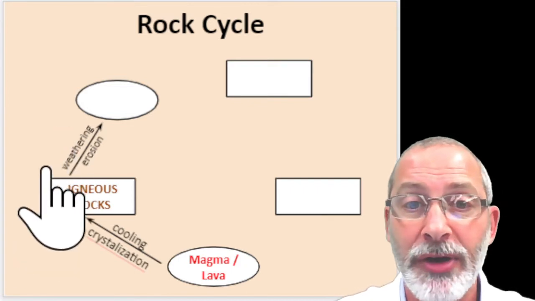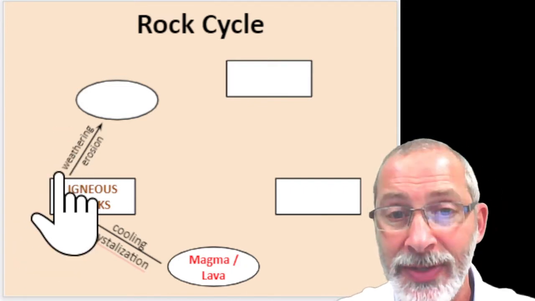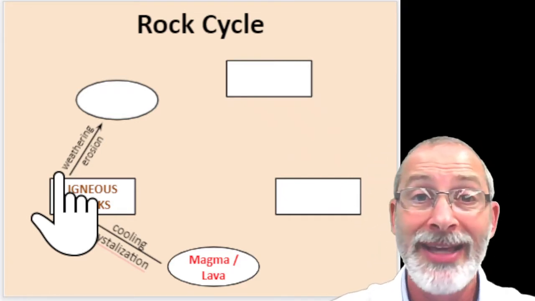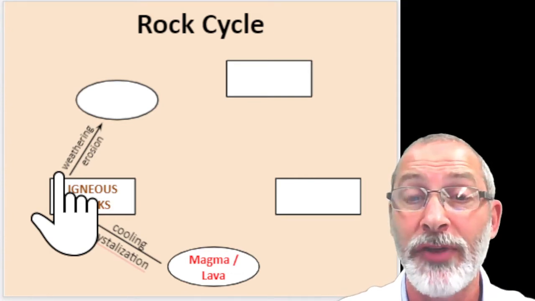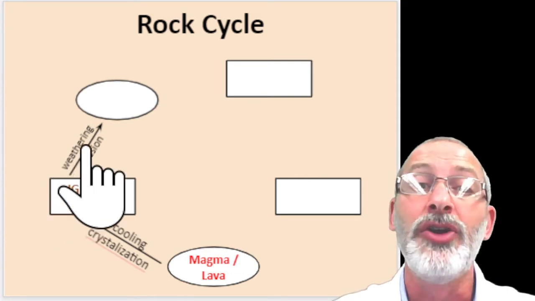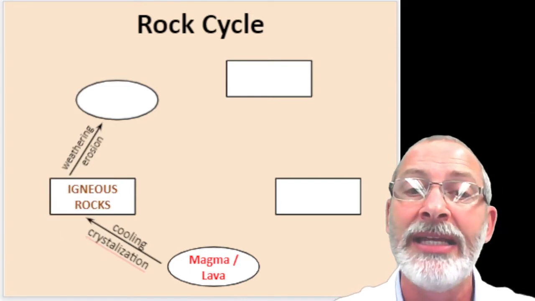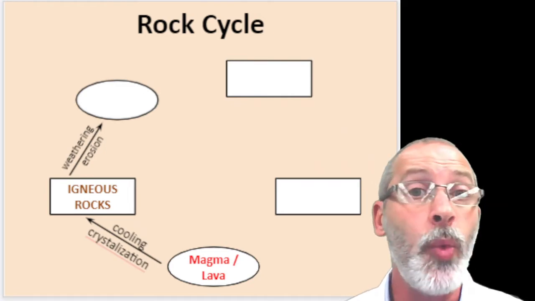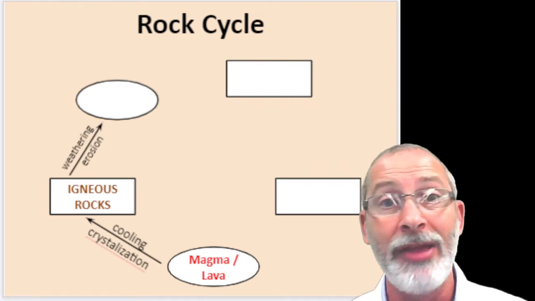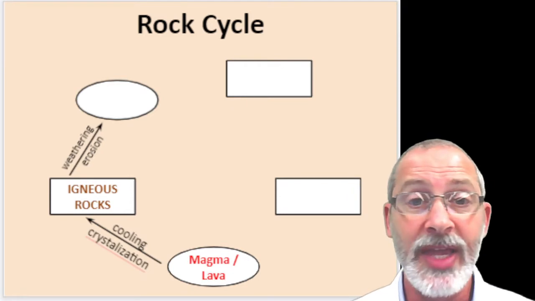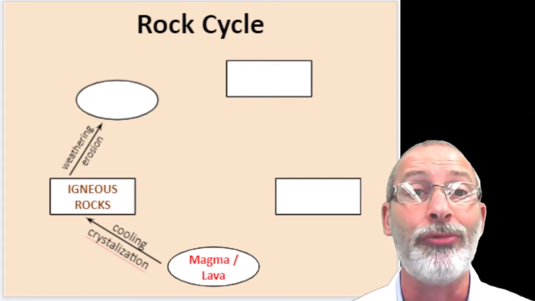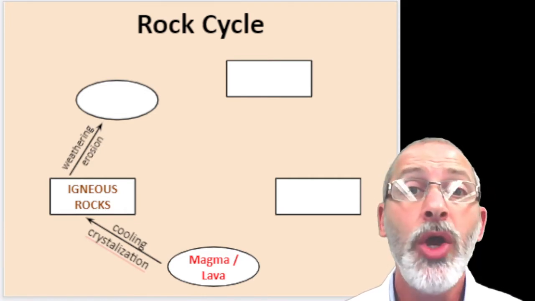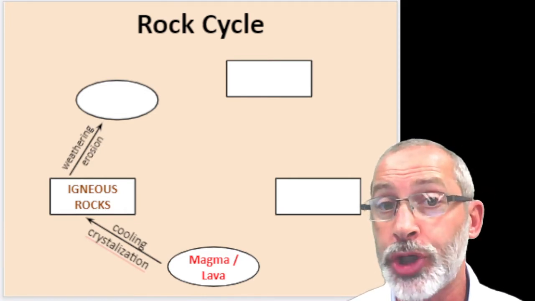Nature itself here on planet Earth, every time it rains, every time it snows, every time the wind blows, anytime there is activity in the atmosphere on the surface of planet Earth, there's going to be weathering and erosion of rocks taking place. The waves crashing up on a rocky shoreline is another example of weathering and erosion. So make sure that your arrow is not only drawn, but you label it weathering and erosion.